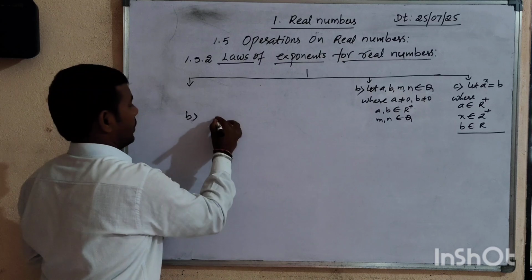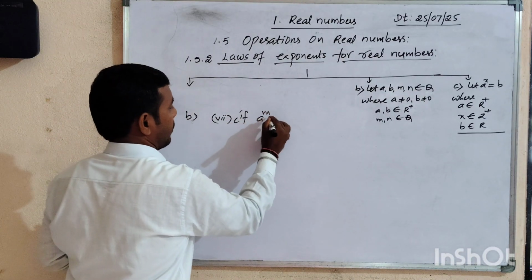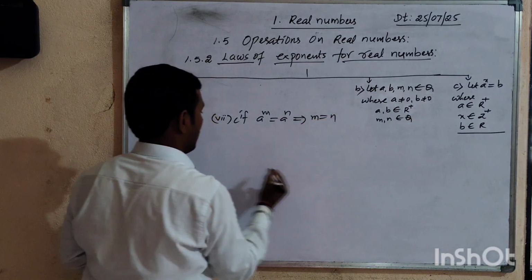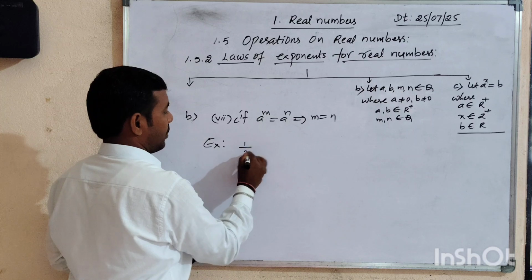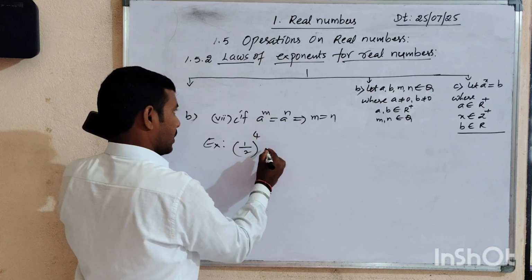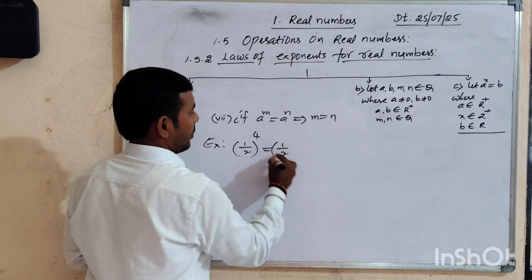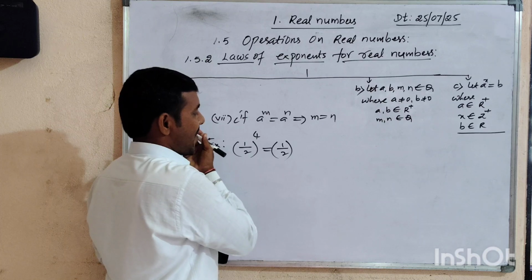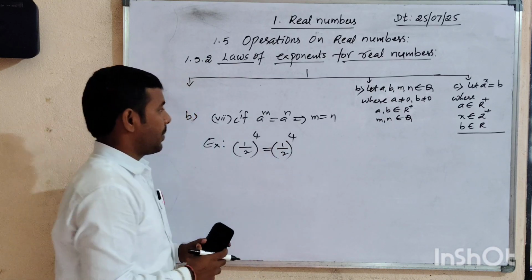The seventh rule, the seventh formula, that is, if a to the power of m is equal to a to the power of n, then m is equal to n. Example: a value let us take 1 by 2 to the power of m position 4, which is equal to a position 1 by 2, but n position you take 4. Then what happened?